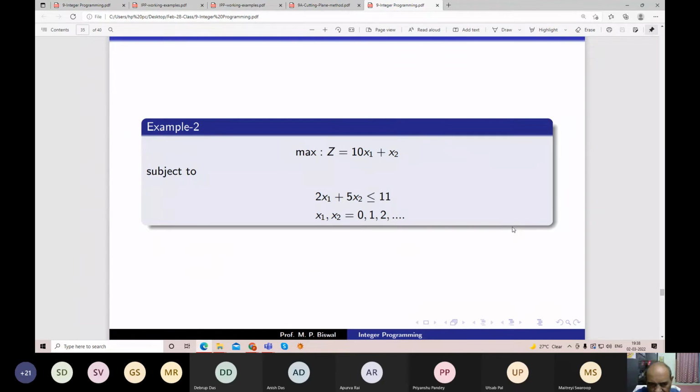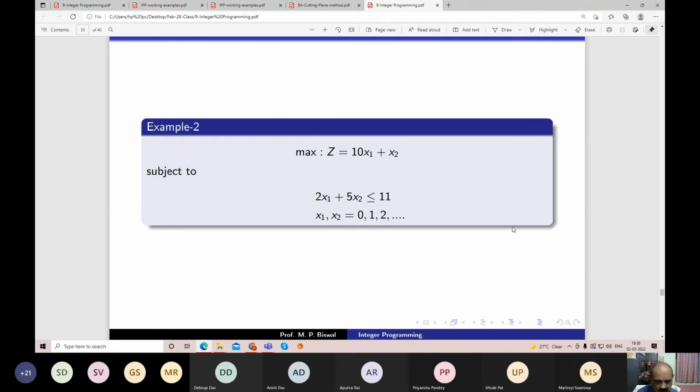Maximize 10x1 plus x2, and we have 2x1 plus 5x2 less than or equal to 11. See, if I am setting x2 equal to 0, then we have 2x1 equal to 11, x1 equal to 11 by 2, and there we have 10 into 11 by 2, which is 55.